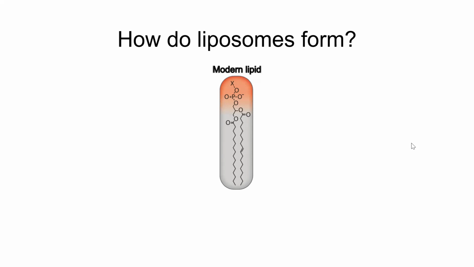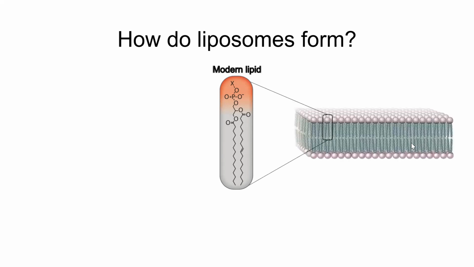What happens when you have these lipids is that the gray part doesn't like water. The molecules would assemble so that the gray part avoids interacting with and being exposed to water.